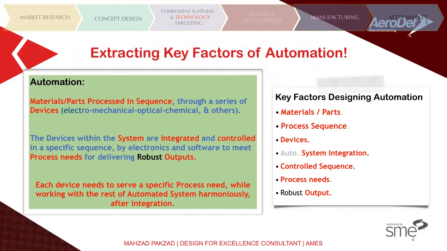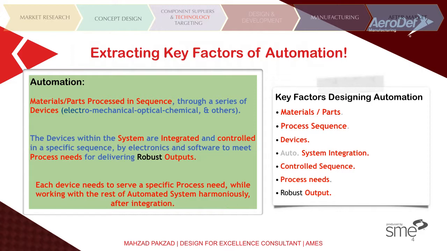So these are the key factors, the elements we need to be focusing on and understanding very well when we want to design automated equipment. We need to know the materials and parts. We need to know the process sequence. We have to be careful in choosing the devices because not only does each single device have to be able to do what it is being chosen for, but it also has to be able to work with the rest of the system.